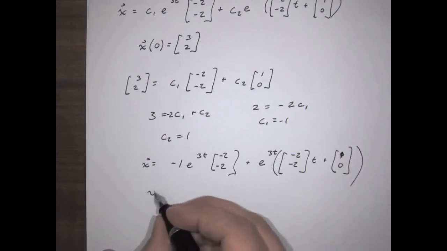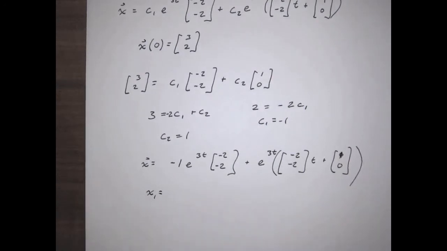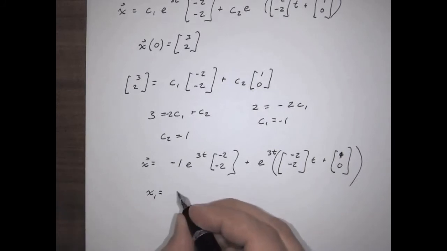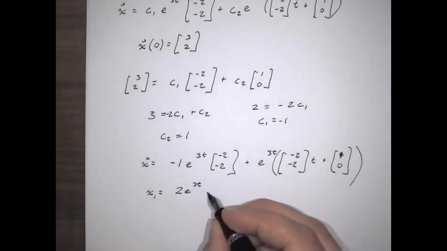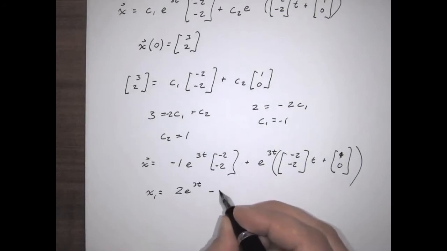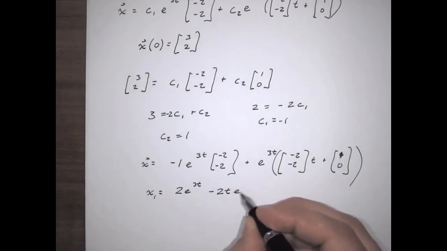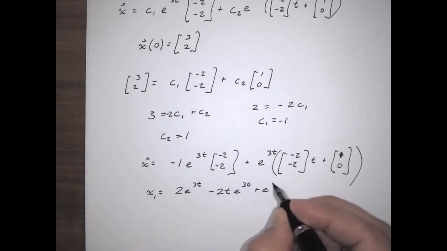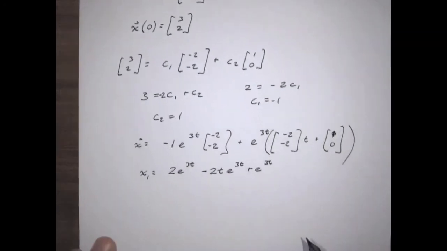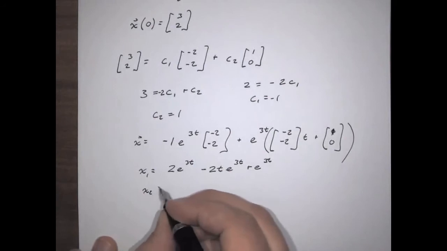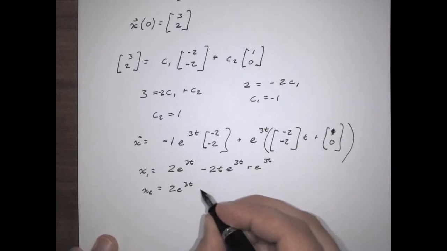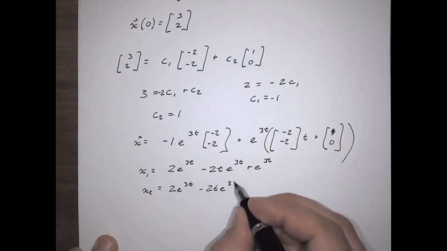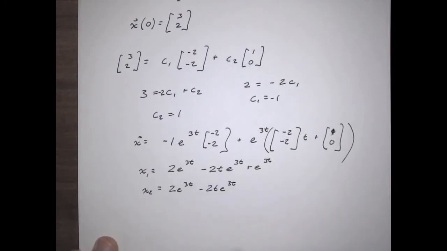But I think what I will do here is I'll just spell out what x1 would be and what x2 would be. So x1 would be negative 1 times 2, so 2 e to the 3t minus 2t e to the 3t plus e to the 3t. Interesting. And then x2 is going to be 2e to the 3t minus 2t e to the 3t plus 0.